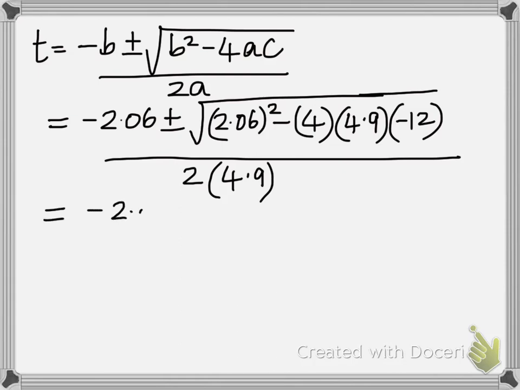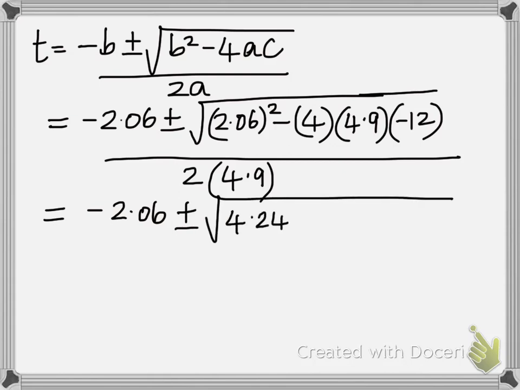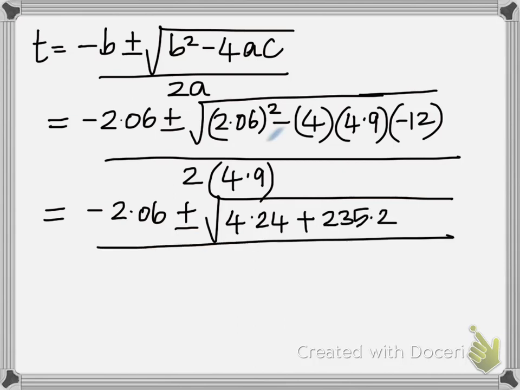So you have to calculate this very carefully. Square the 2.06, you get 4.24. You multiply that, it's going to become positive because there are two negatives here.